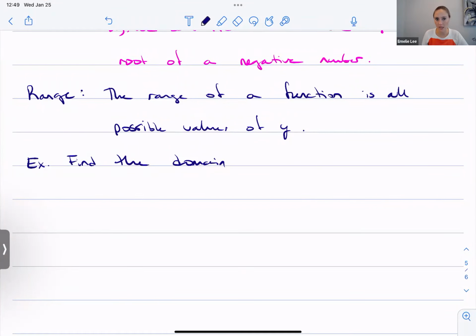Find the domain of y equals 2 over 3x minus 1, for example, right?